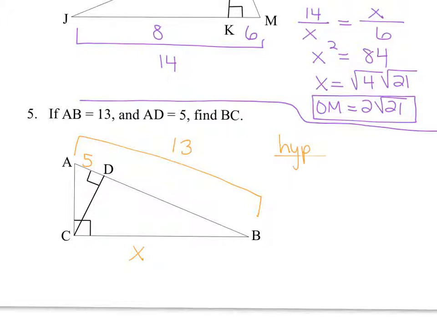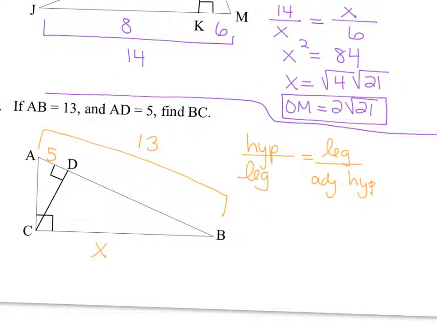Hypotenuse over leg equals leg over that adjacent hypotenuse part. Full hypotenuse of 13. The leg that we need is x equals x. Now, what is our adjacent hypotenuse part? The only other part that I know at this moment is 5.